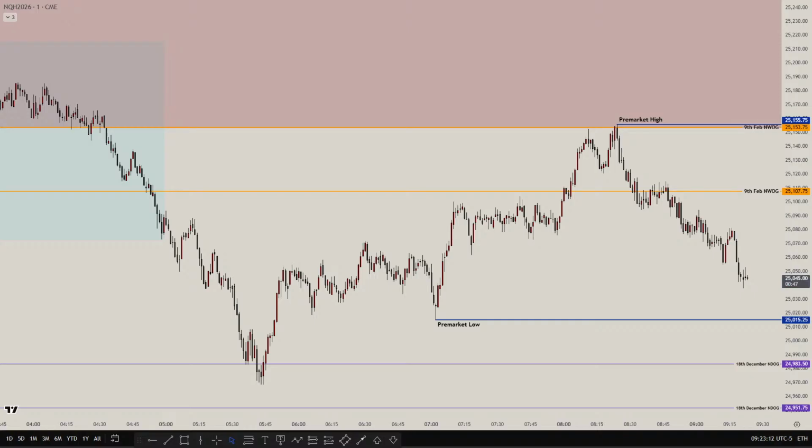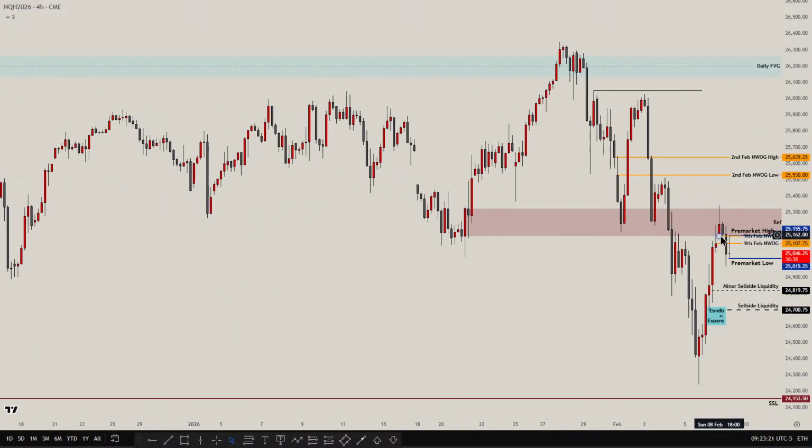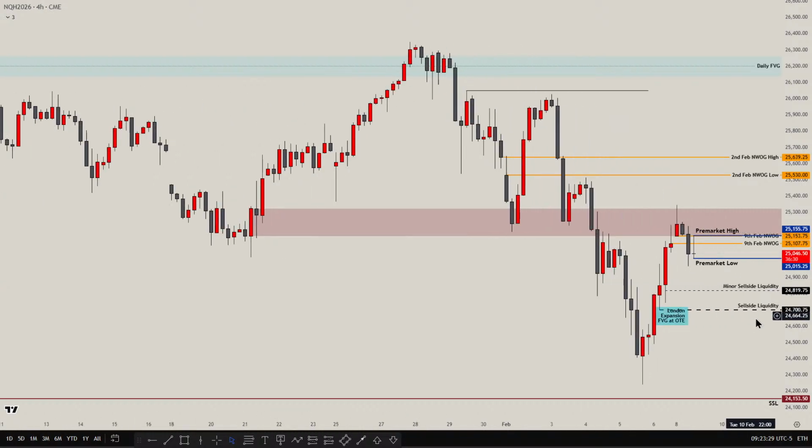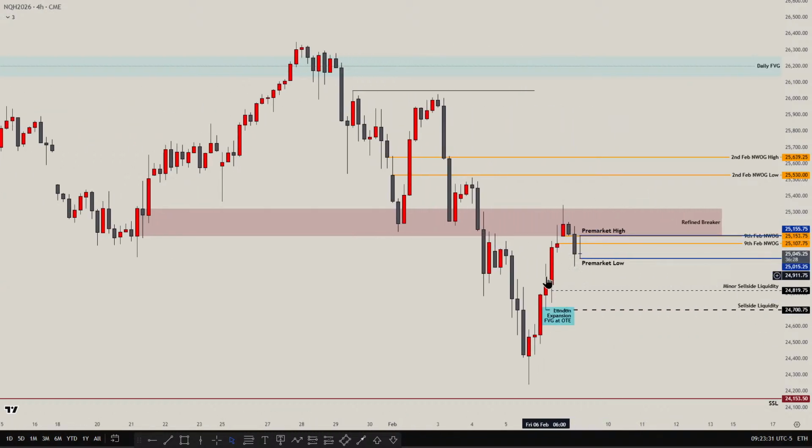Good morning, Zach. Would it be wrong to use the 3 a.m. candle on the 4 hour as a recent breaker? Let me check. Are you using the CFD? Or maybe you're using UK time zone on your chart.